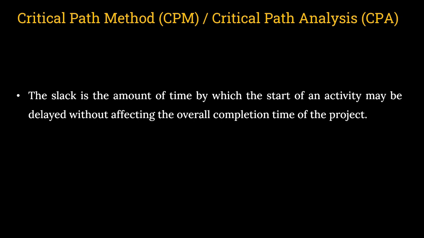So if you use some slack or delay there, your project duration time is not going to change. Am I clear? That is the specialty of the critical activity. You have to find out which one is the critical activity where no delay is possible.